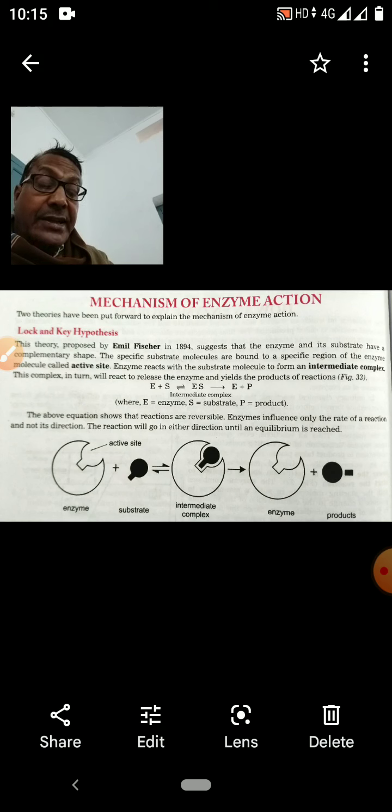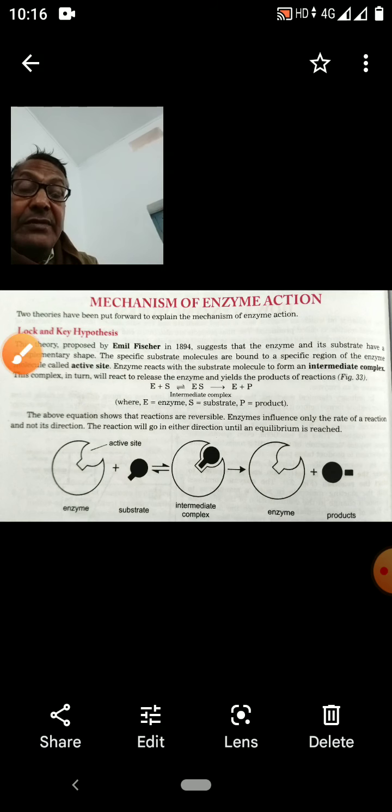The enzyme reacts with the substrate molecules and forms an intermediate complex. So the enzyme molecule is here, and it reacts with the substrate molecules. The substrate molecules are going to attach to the active site.